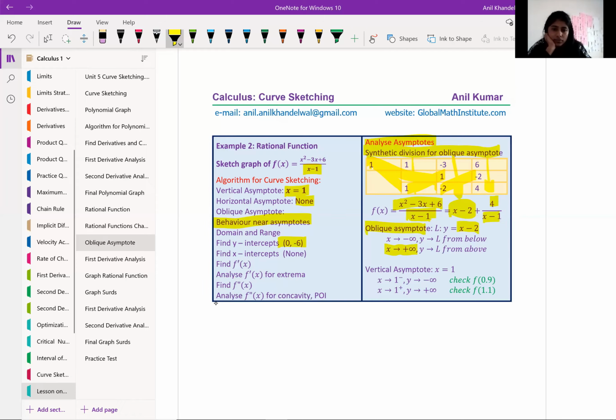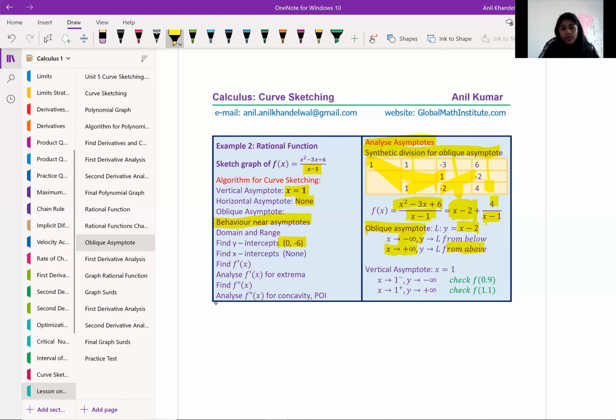So if I write a very large positive value, in that case, to the line x minus 2, we have to add something, right? 4 over a positive value means we have to add something, correct? So our function is above the line. You get the idea? Above the line. So we are approaching from above. Now, if I change this x to a negative value, this plus becomes a negative value, correct?